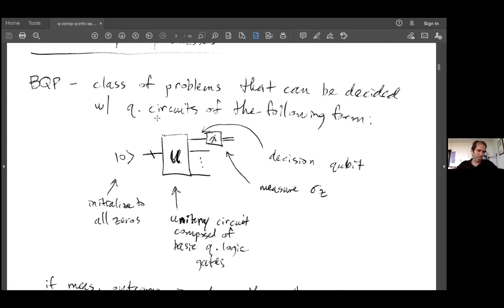This is a form of quantum computation that perhaps you're used to if you've studied quantum computing before. The circuit has this simple form. Some number of qubits are initialized to the all zero state. When I write zero, that's implicit for 0 tensor n, where n is the number of qubits. So you do this preparation.